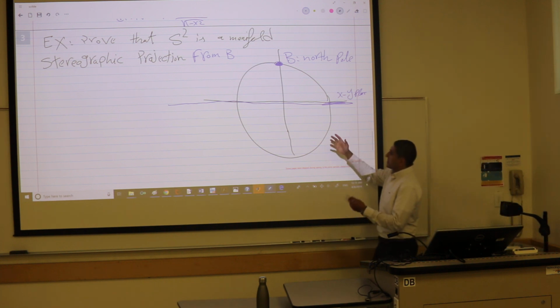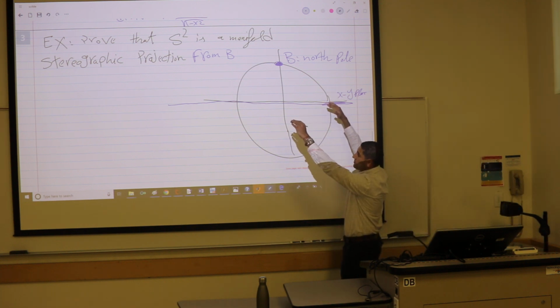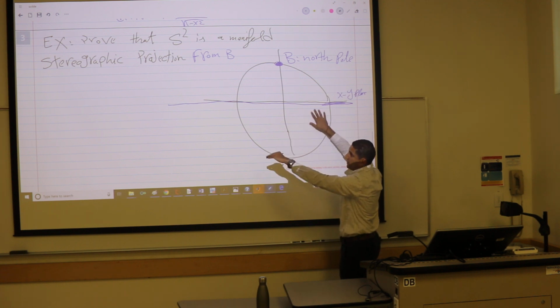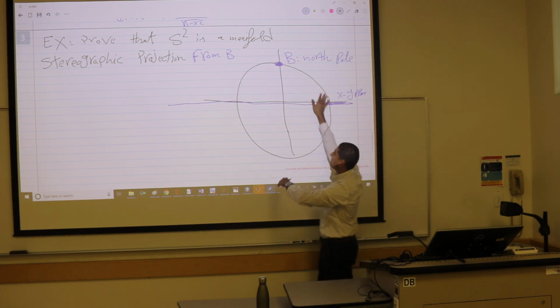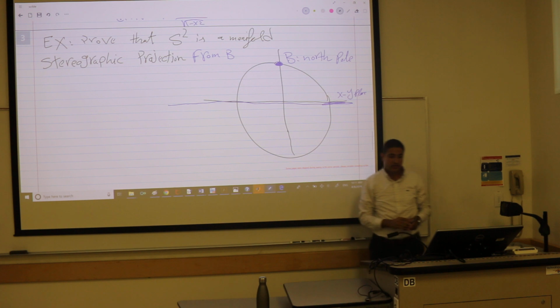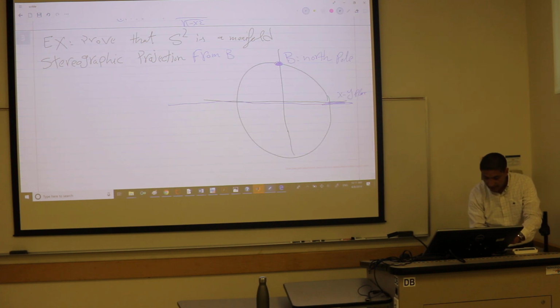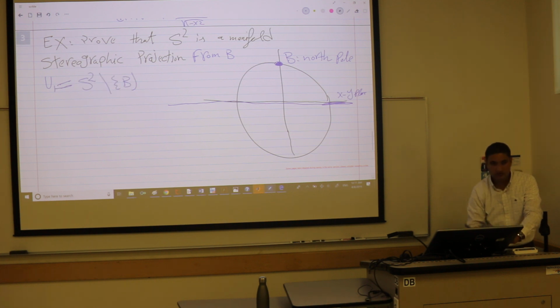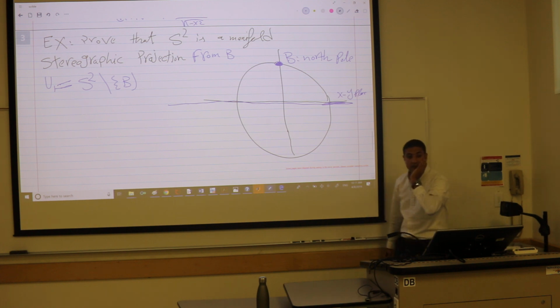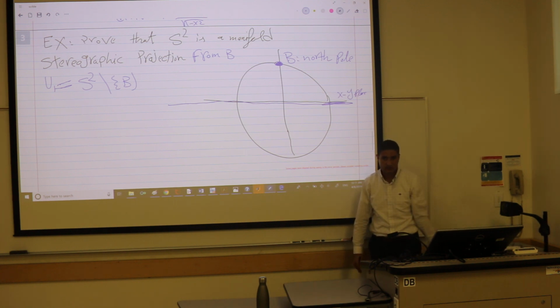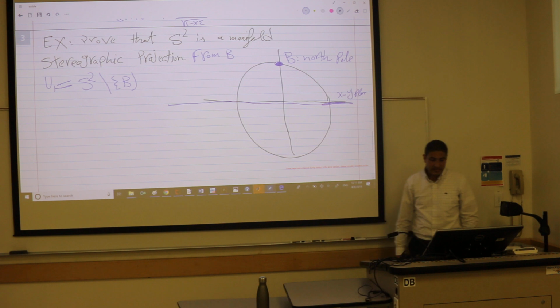Like I said, you can take the upper hemisphere and just project on the XY plane. But this will cover the upper hemisphere only. So this is a different projection. And luckily, it covers the entire thing except the North Pole. So our U1 will be the entire S2 except the North Pole. So we just need one more chart to cover the North Pole, and that's it. Okay? So let's see how we do that.